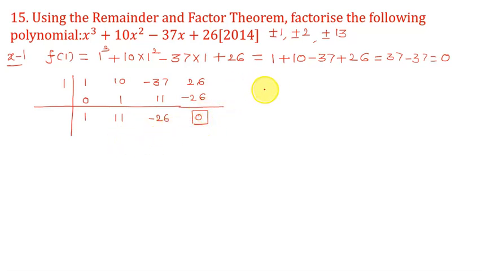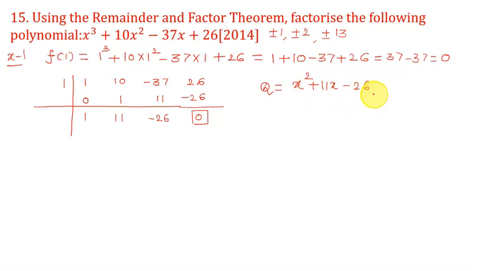Therefore, what about the quotient? Quotient Q: 3 coefficients are there, therefore the degree is 2, and take 1 as the coefficient: x square plus 11x minus 26.